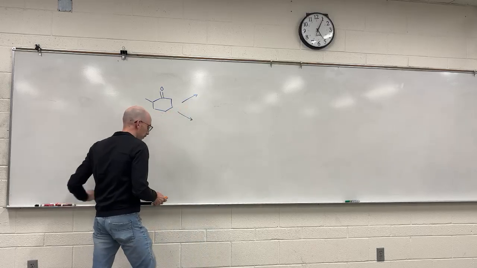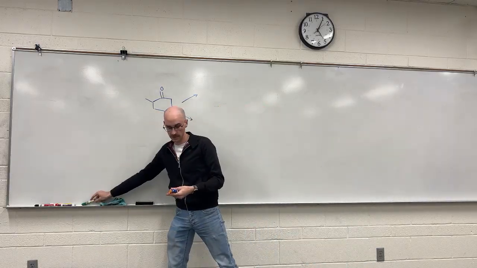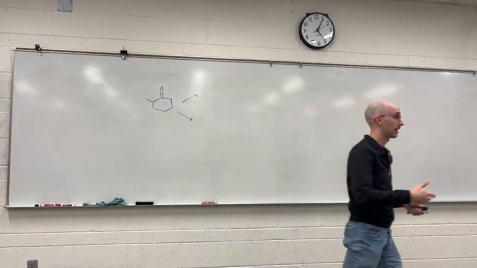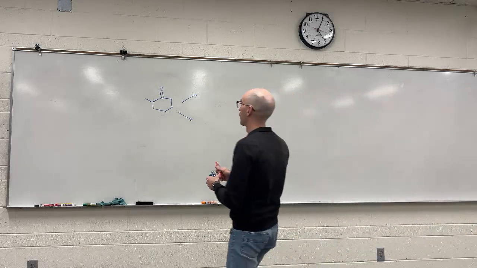If there's more than one place, remember aldehydes and esters only have one place that they could even possibly form tautomers. This ketone, though, it's got two different tautomers that can form.